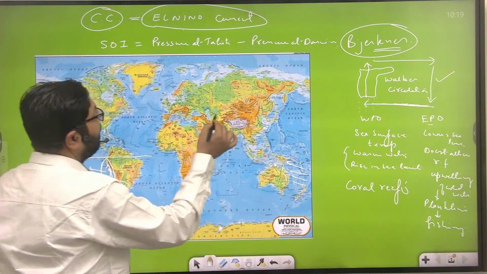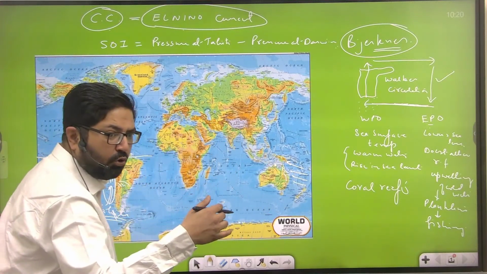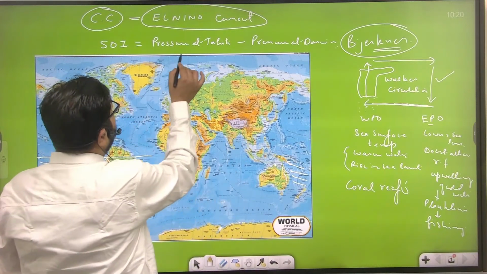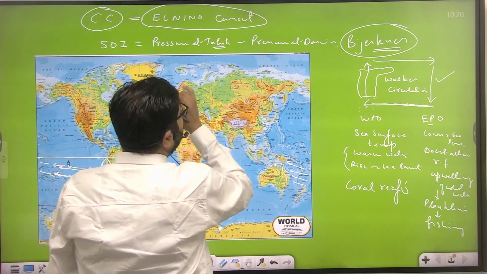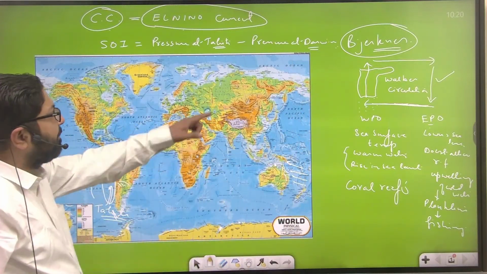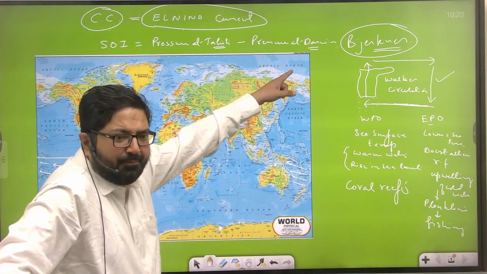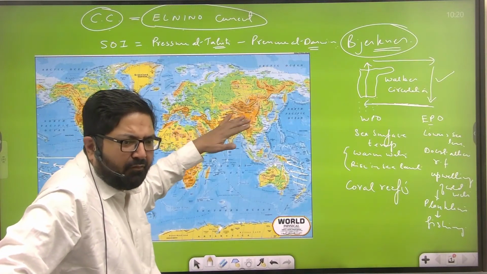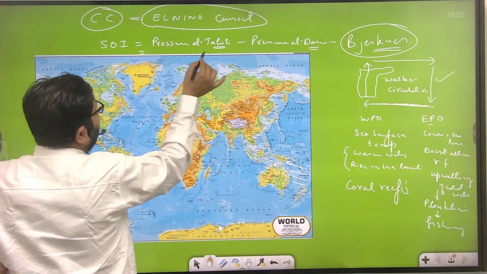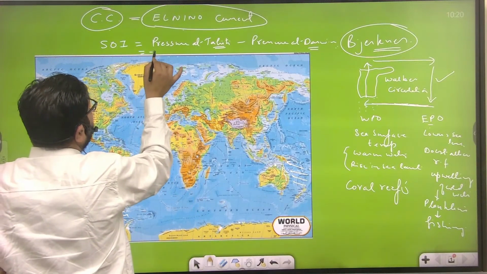The western side of Pacific Ocean would have low pressure, warm water and low pressure. So pressure at Tahiti in a normal year is always more as compared to Darwin, which represents the West Pacific Ocean. Because of piling up of warm water, the pressure is low. And when this pressure at Tahiti is more, that means Southern Oscillation Index is positive.